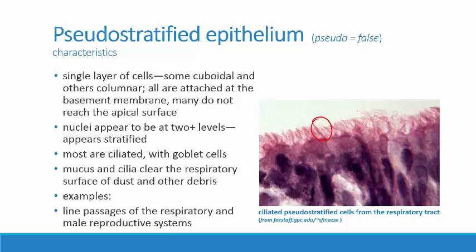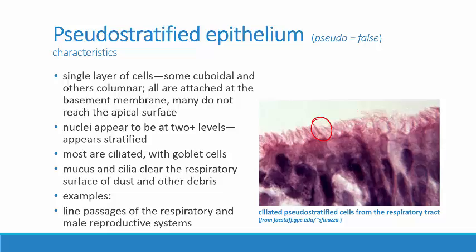Most pseudostratified epithelia have cilia up here at the apical surface, and the goblet cells are interspersed, delivering mucus there to the surface. And the mucus will pick up bits of dust that might be in the air that we're breathing, because these pseudostratified epithelia are the lining of the trachea and the airways in the lungs.